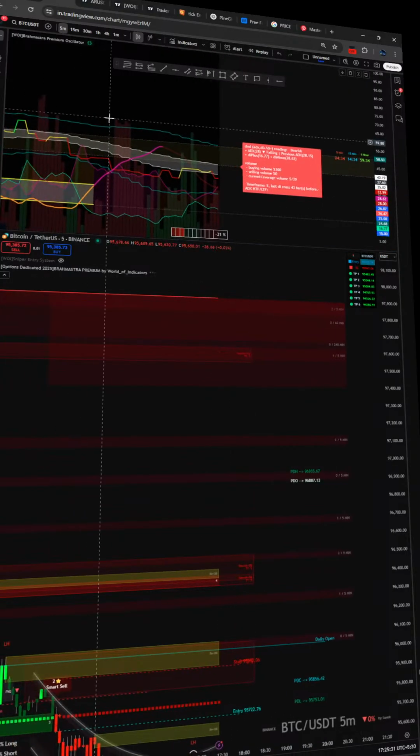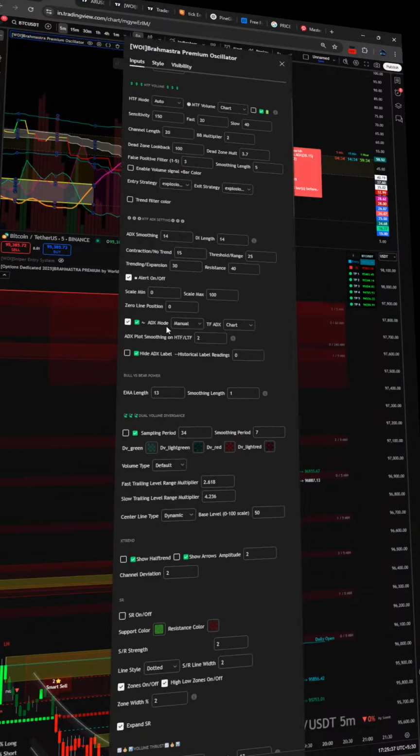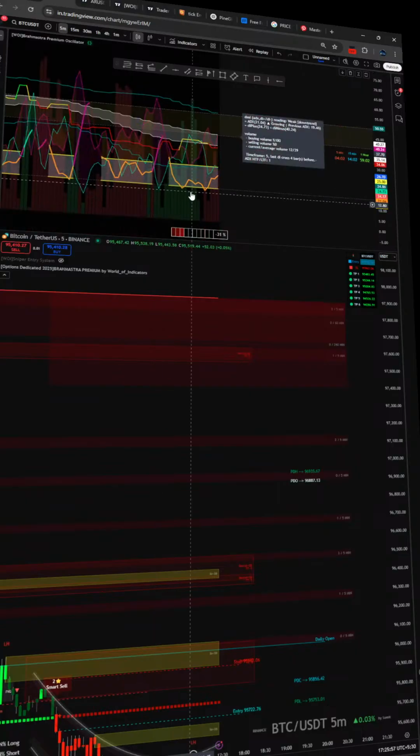Let me introduce one more update. We have included higher time frame as well as lower time frame. ADX mode is currently manual, meaning you get the ADX value from whatever time frame is selected on the chart. If you select a lower time frame, you get the ADX value from that lower time frame. If you are on the 5-minute time frame, you get the ADX value from 3 minutes.